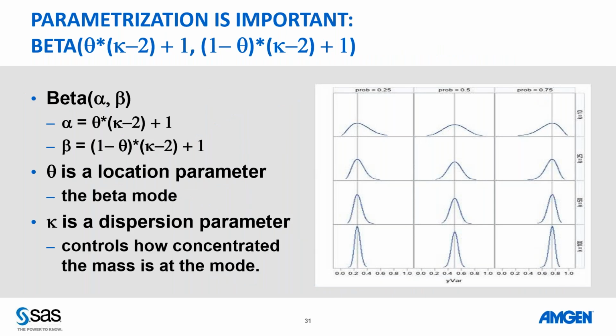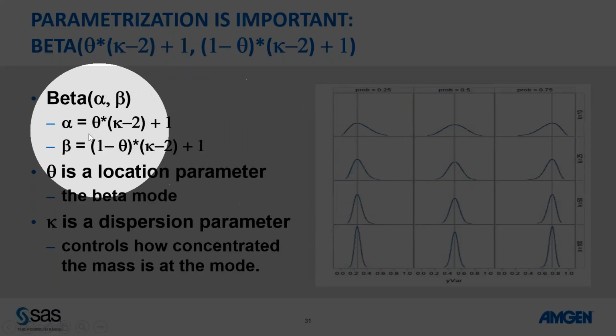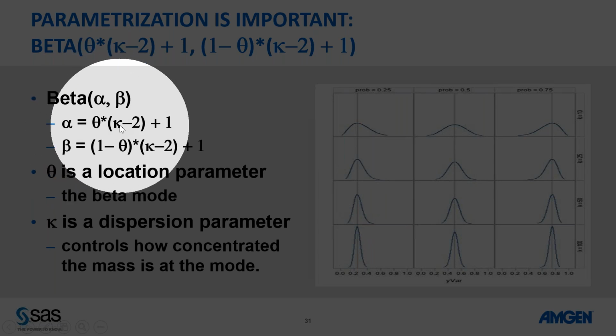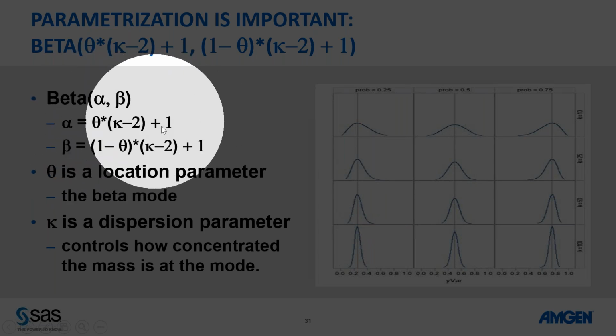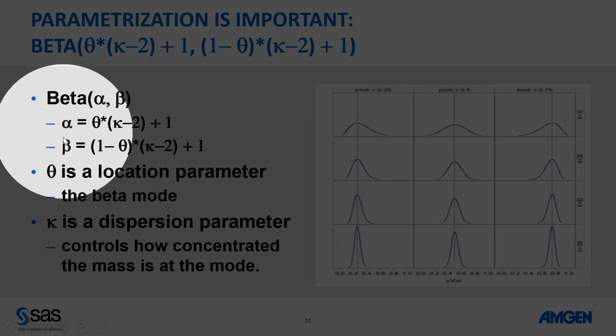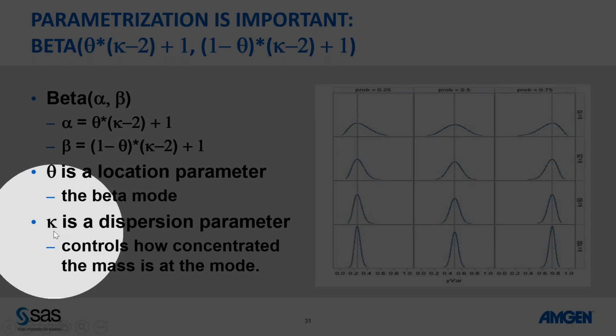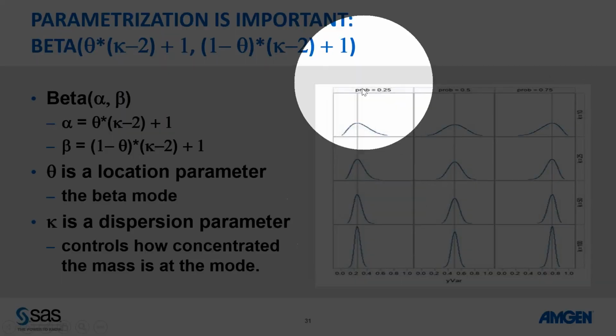Just briefly, this parameterization of the beta distribution. So remember, I said we're familiar with the alpha beta. In this case, alpha is theta times kappa minus 2 plus 1, and beta is 1 minus that. So theta is a location parameter, and k is the dispersion parameter.